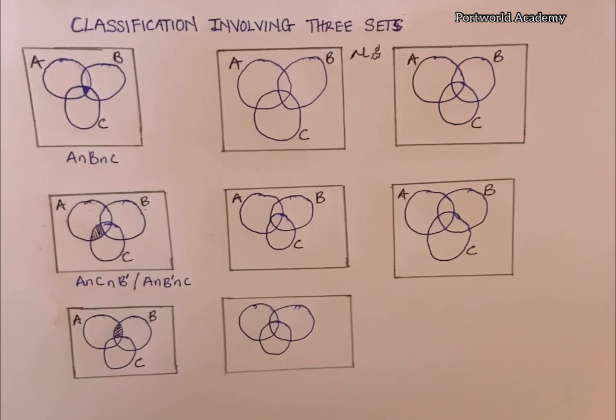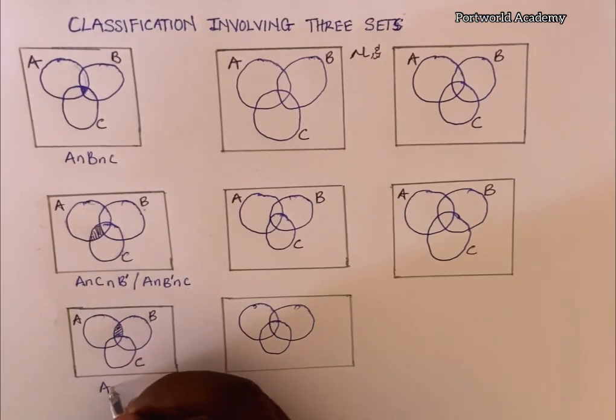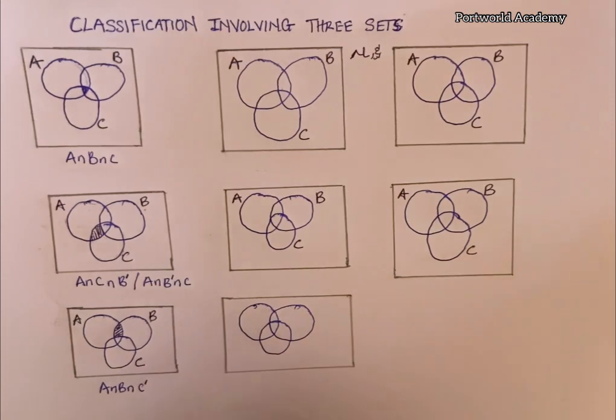So it means the intersection is between my set A and set B. So in this case, I can just write A intersection B intersection C complement, because it doesn't involve my C.